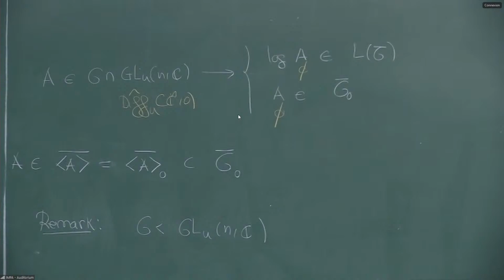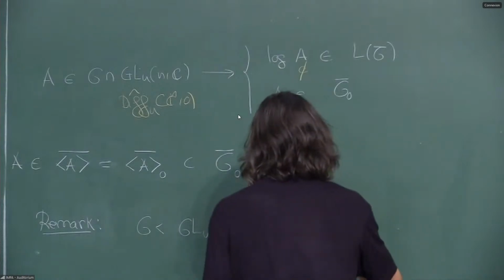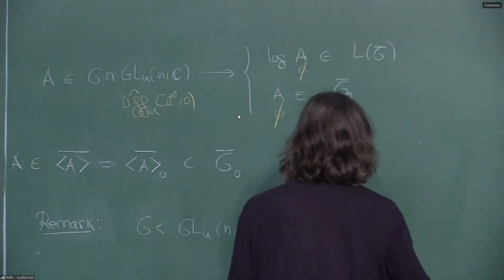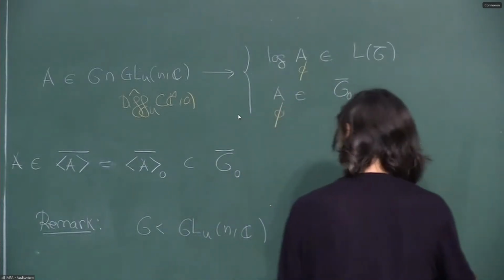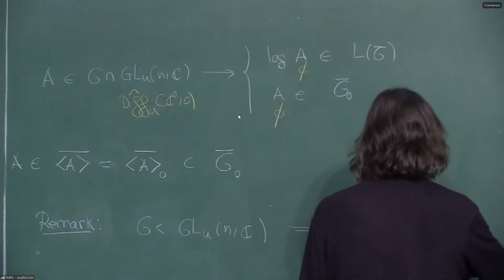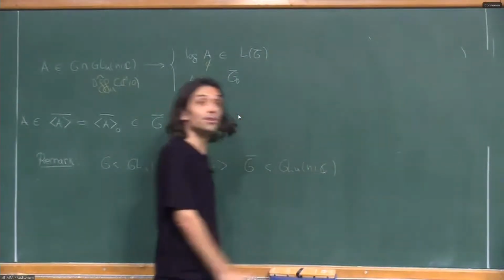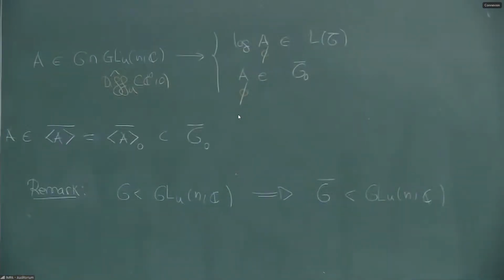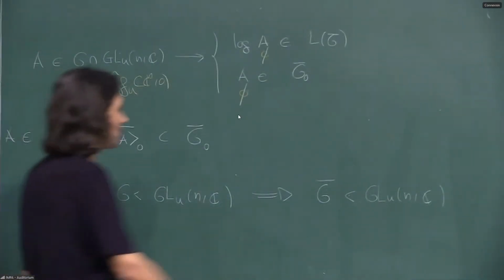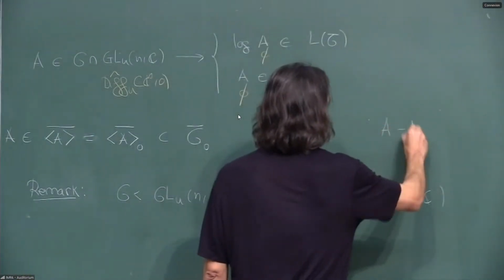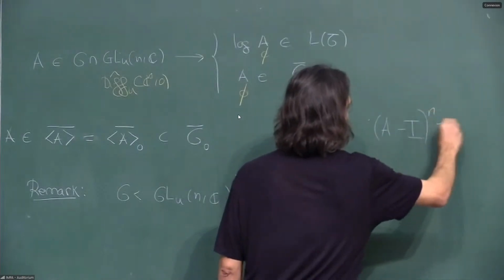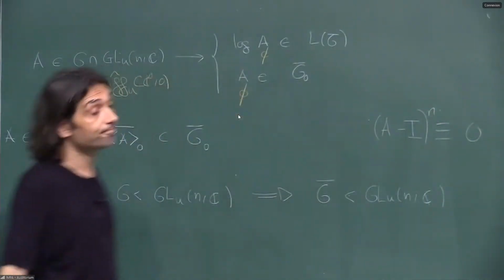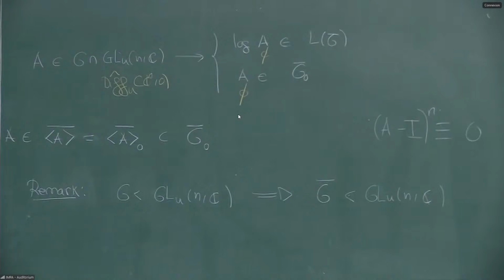So if you have that G consists of unipotent operators, the same thing happens for its Zariski closure. This is because being unipotent is given by an algebraic equation, which is this one. So if it's satisfied by the elements of the group, it's satisfied by the elements in the closure.